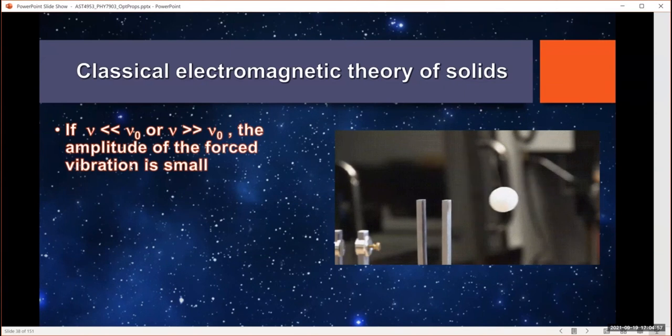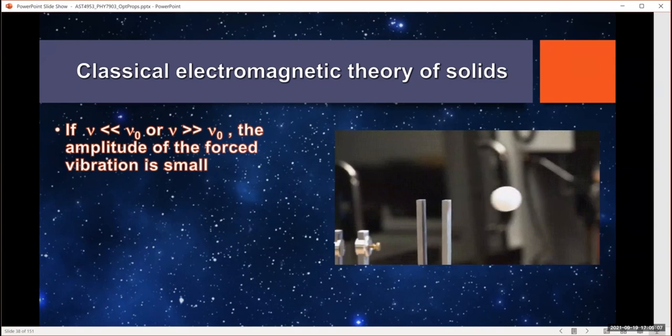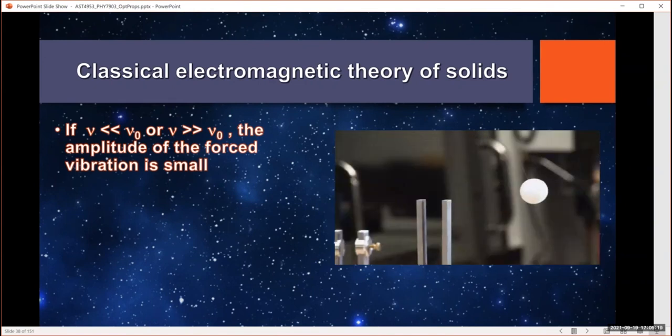So just like that, when we have an atom or a molecule in an electric field, if the electric field's frequency is very different from the natural frequency of oscillation for that atom or molecule, then the amplitude is going to be small. You're going to have a little bit of forcing of motion, but it's not going to be a huge vibration.